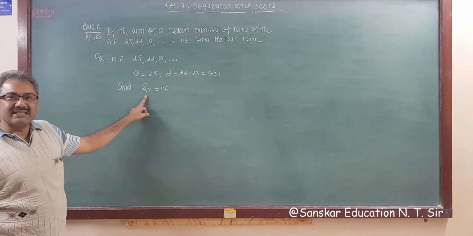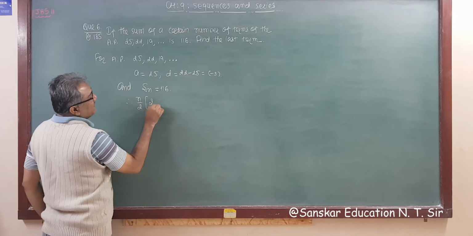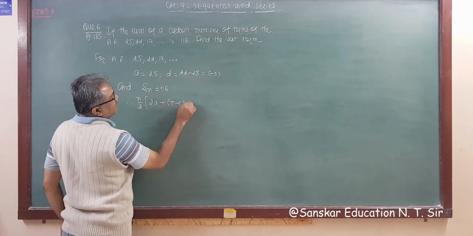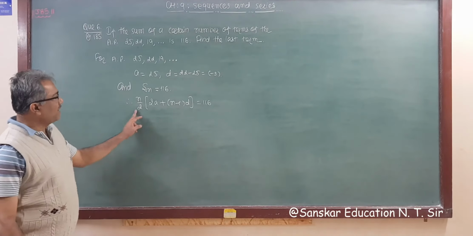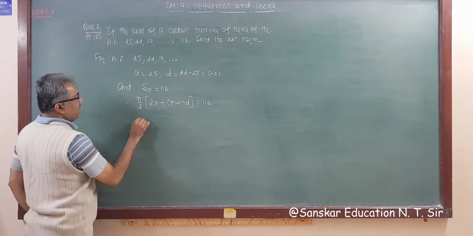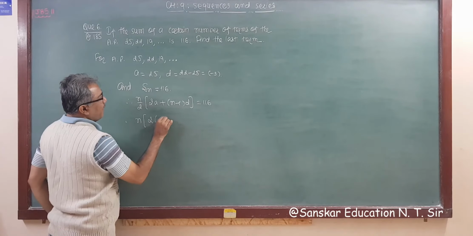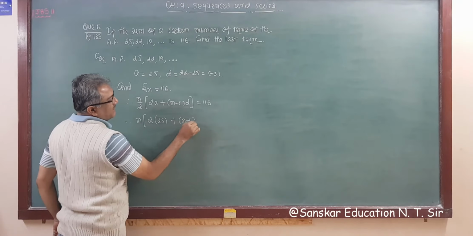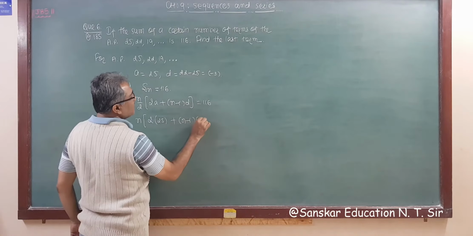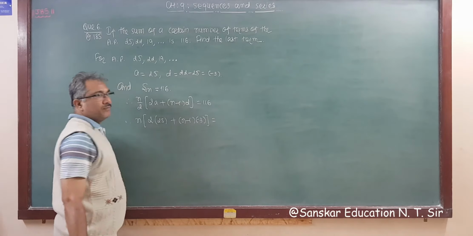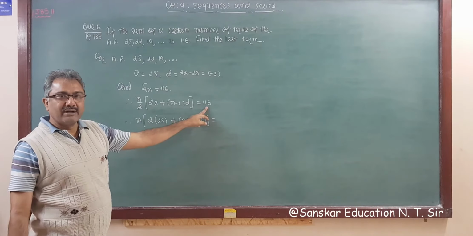So applying the formula for Sn here. Sn means n by 2, you know this formula, (2A plus (n minus 1) into D) is equal to 116, multiplied by 2, right? So n that we have to find out, 2 into A is 50, plus n minus 1 as it is, because we don't know n, and D is minus 3, is equal to 116 multiplied by 2, which becomes 232.